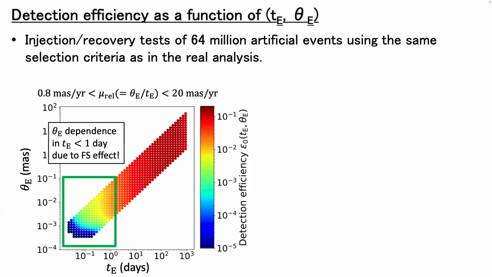And from this color map, you can see that even at the same tE value, there is a detection efficiency dependence on theta E when tE is less than about 1 day, due to the finite source effect.